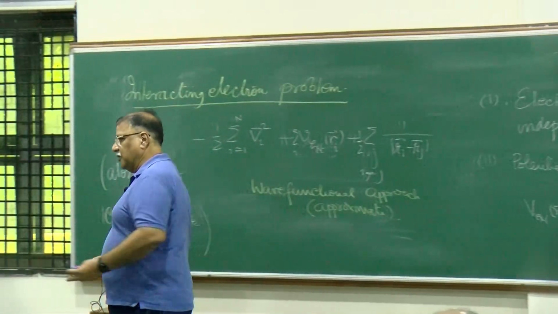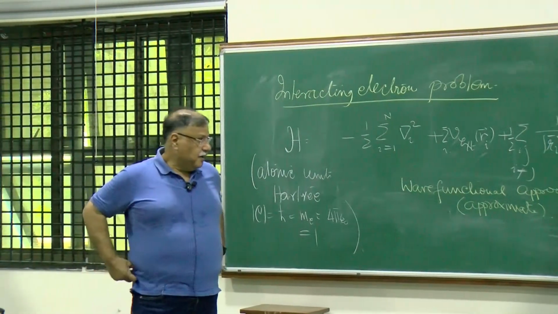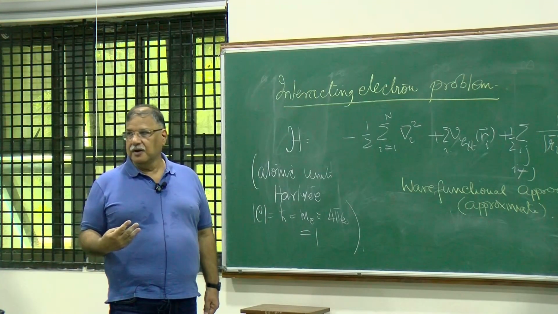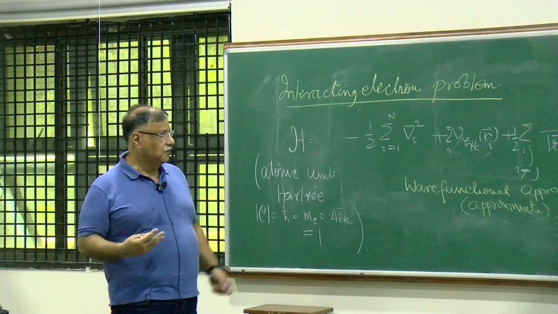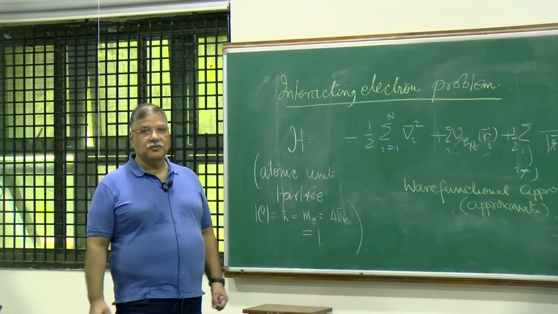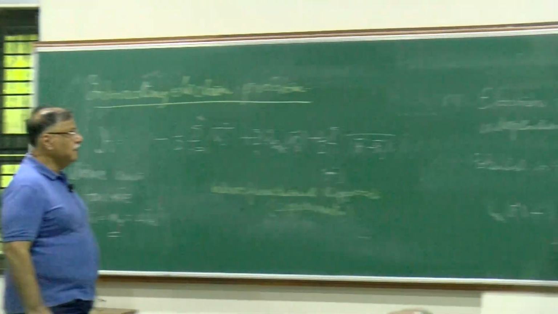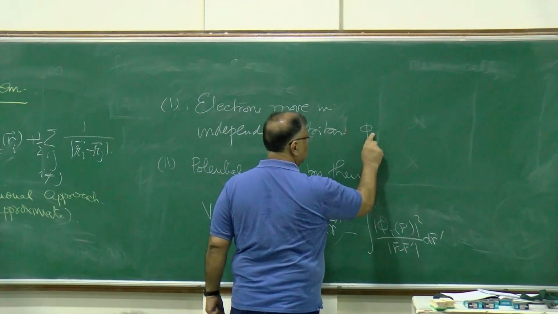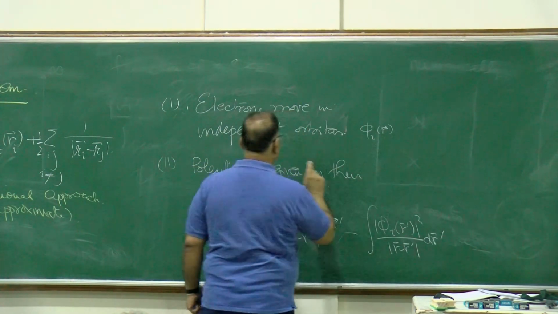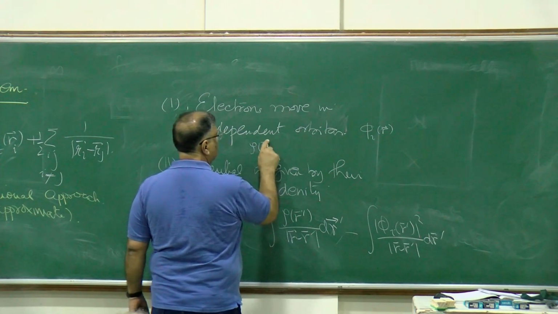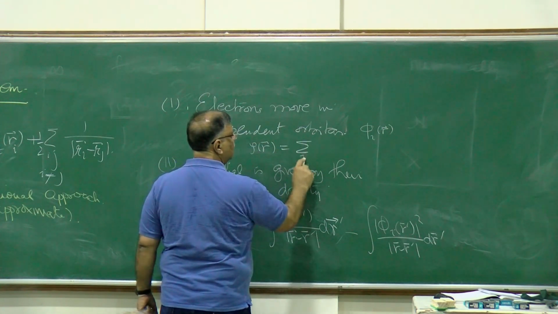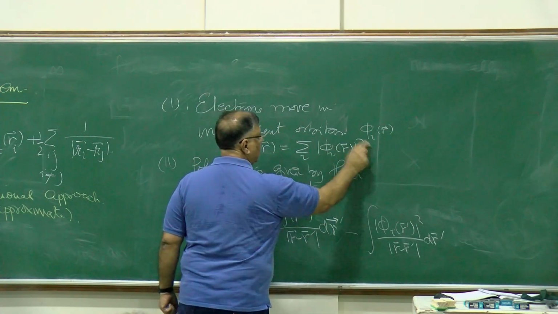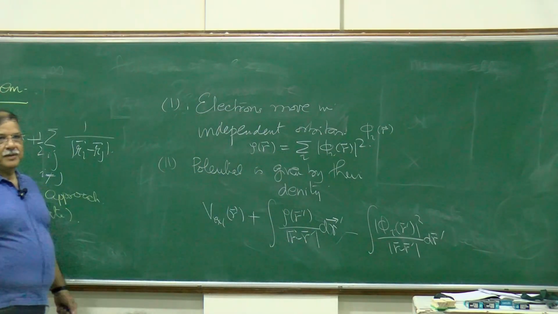One is the external potential, the nuclear or whatever, right? And then from its own density, it creates an electrostatic field and it cannot interact with its own field. So I subtract its own field, right? And so these independent orbitals, let me write this as phi i of r, and rho of r is going to be the summation over i of |phi i of r| squared. Okay?